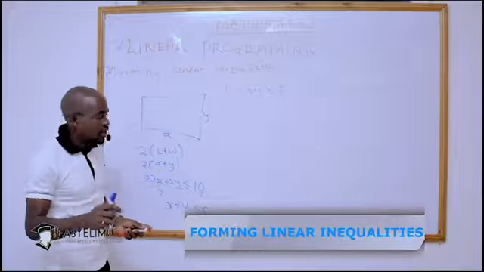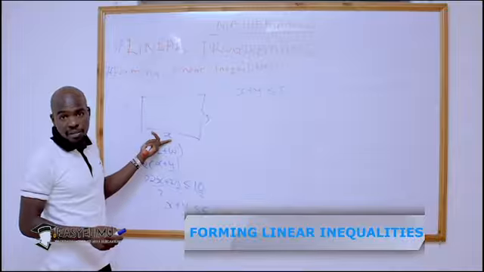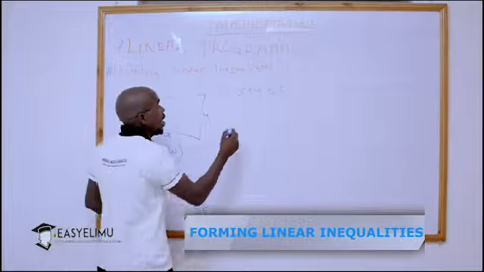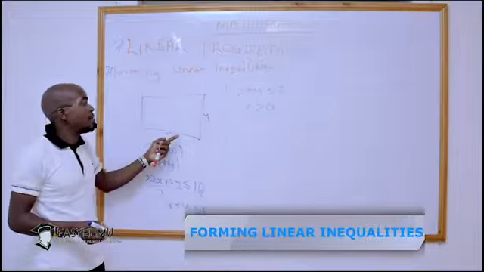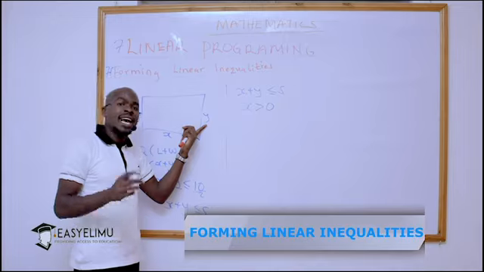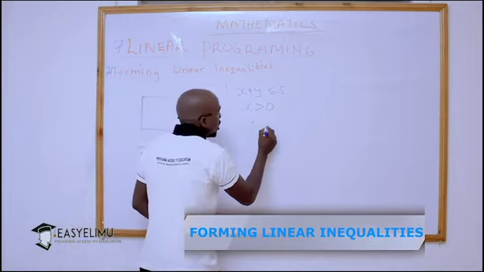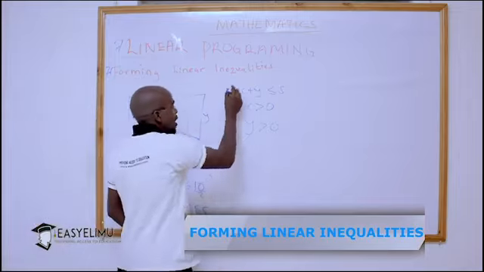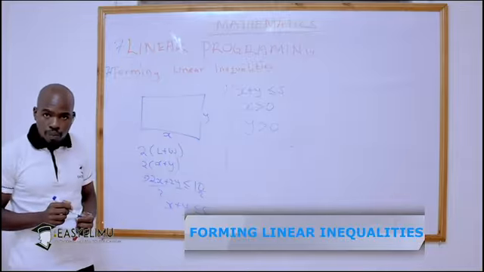Remember one thing: length is a positive measurement. We cannot have a negative measurement, so x is greater than 0. At the same time, y, which is width, has some measurement, which means it cannot be negative, so it is also greater than 0. These are the required linear inequalities that we were to form.